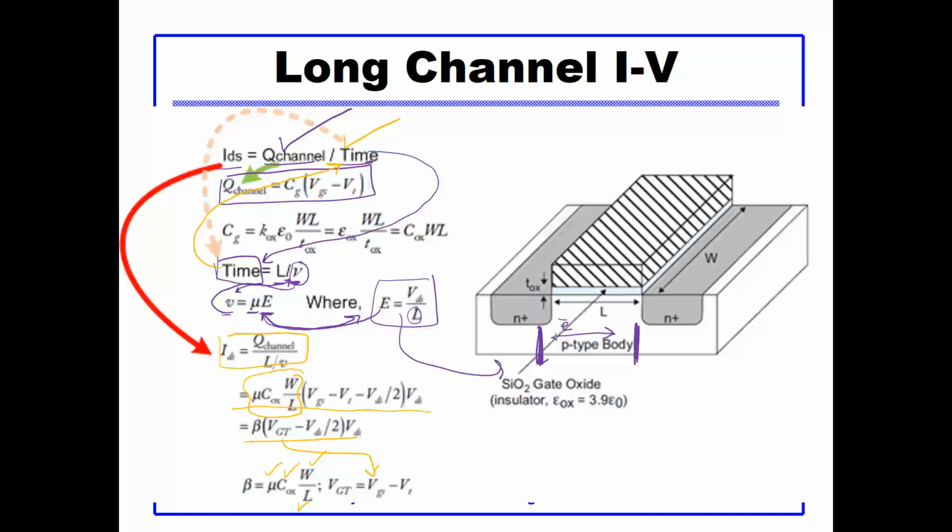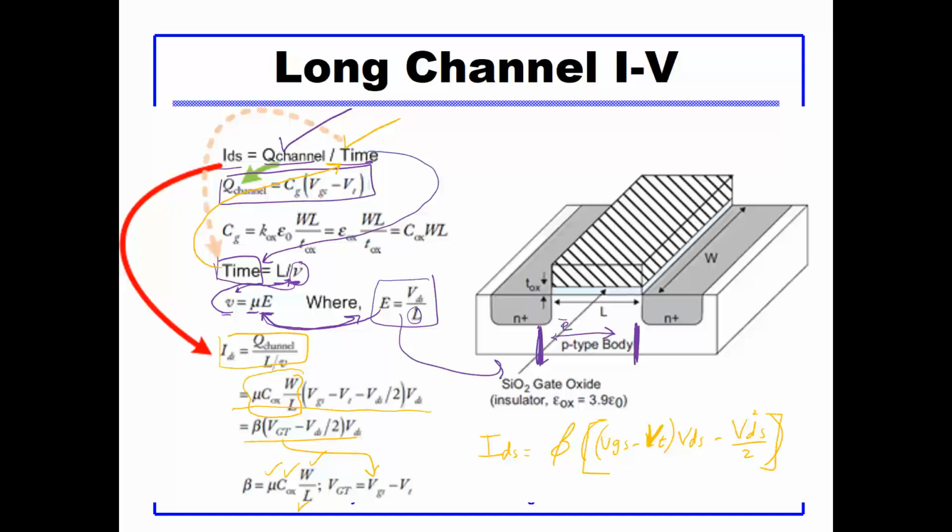So that is the equation for estimating the current in the transistor. I can simplify this by saying that IDS equals beta times VGS minus VT times VDS minus VDS square over 2.